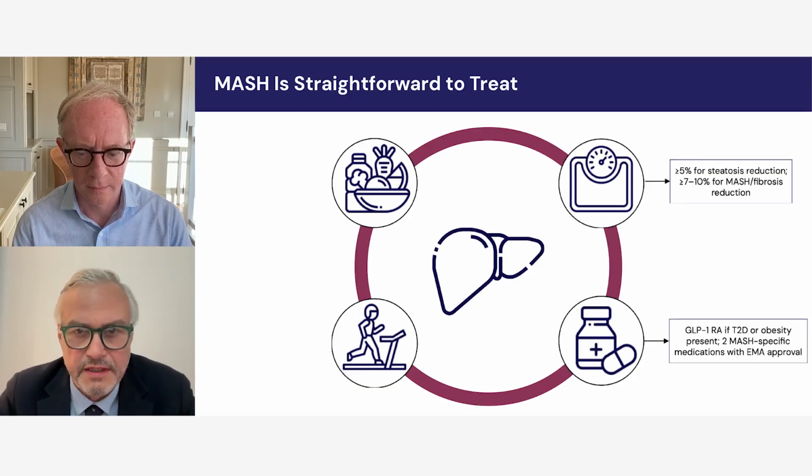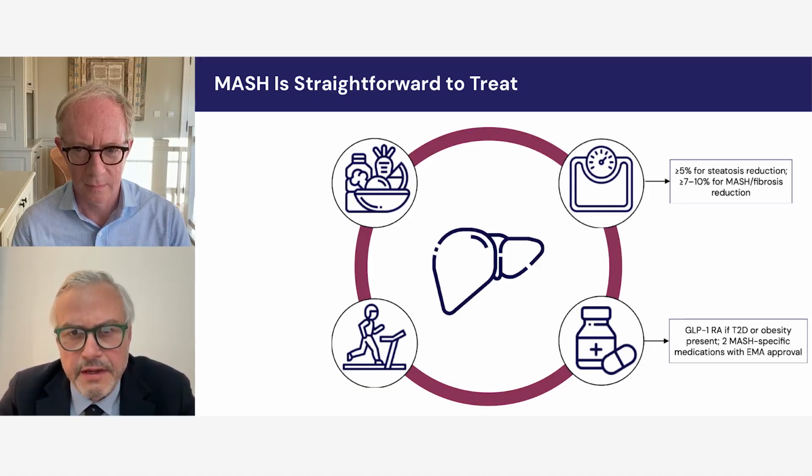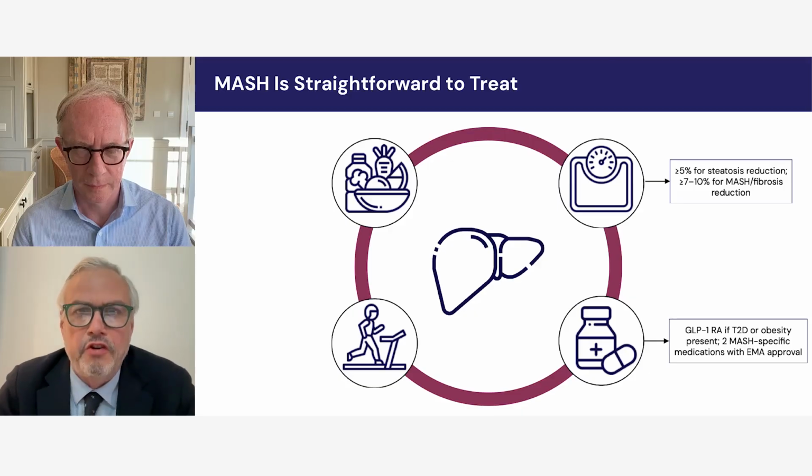So 90% of the patients do not achieve enough weight reduction to achieve a fibrosis or a steatosis reduction. So, in my opinion, we have to start obviously with lifestyle modifications, probably under the supervision of a specific professional, but always thinking that in the majority of the patients, we are going to need some pharmacological help.